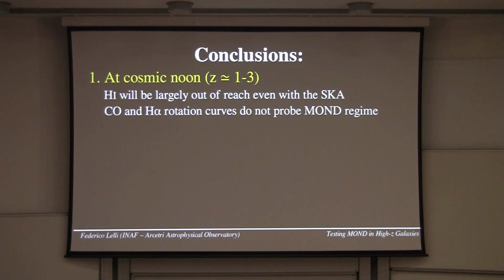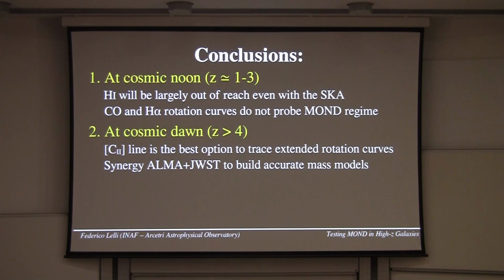So from my perspective, this redshift window is not very promising for testing MOND, but paradoxically the higher redshift is more promising because the C2 line can potentially be very extended down to the MOND regime, and we can also use this synergy between ALMA and JWST to build accurate mass models in the future.